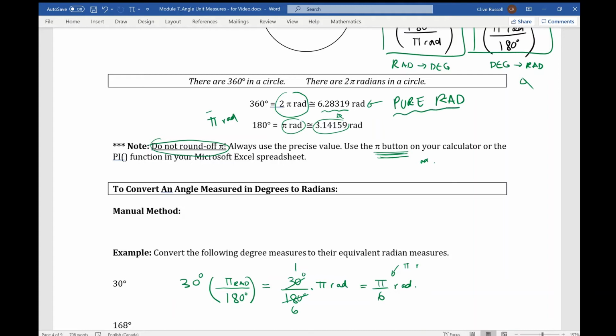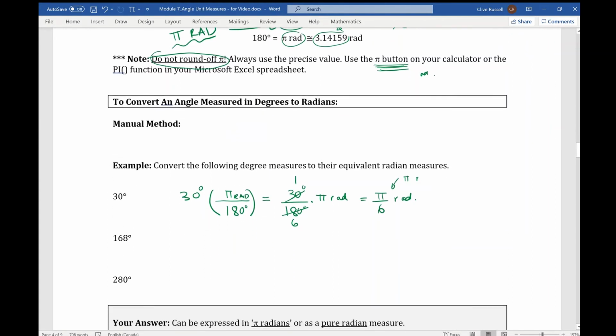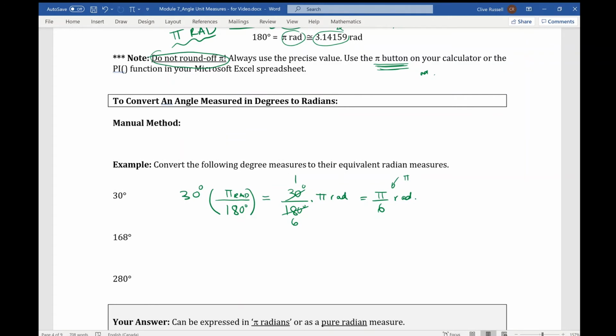So that's pure radians, and over here, when you see this one, that's called pi radians. All right. So pure radians is when you have the decimals. I think I got it the other way around earlier on. My correction. So pure radians is when you have the decimals, and pi radians is when you have the pi there.